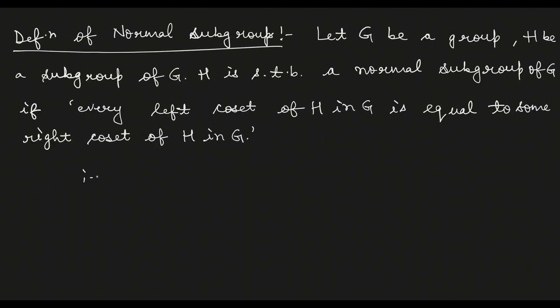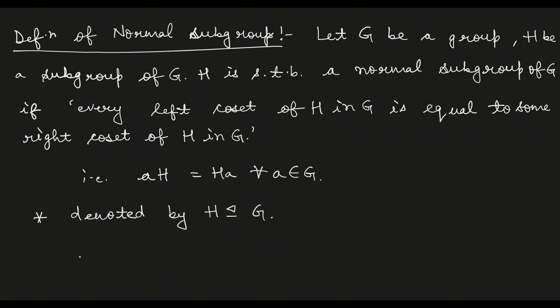That is, aH equals Ha for all a belongs to G. It is denoted by H is a normal subgroup of G. Here, the normality condition does not mean abelian.